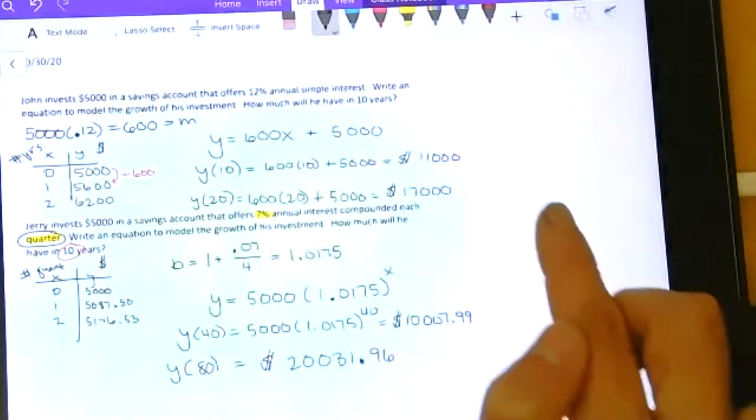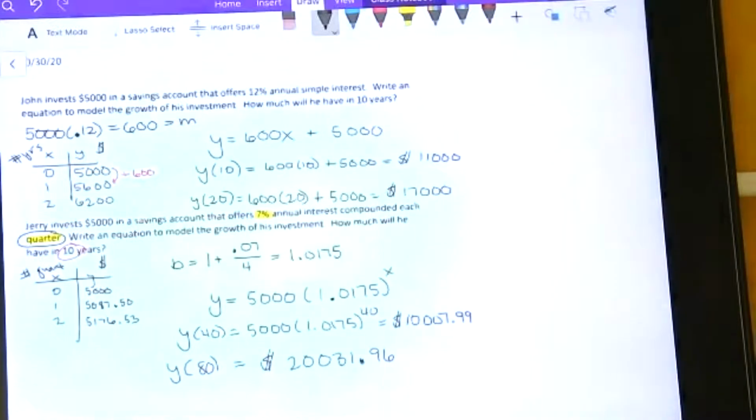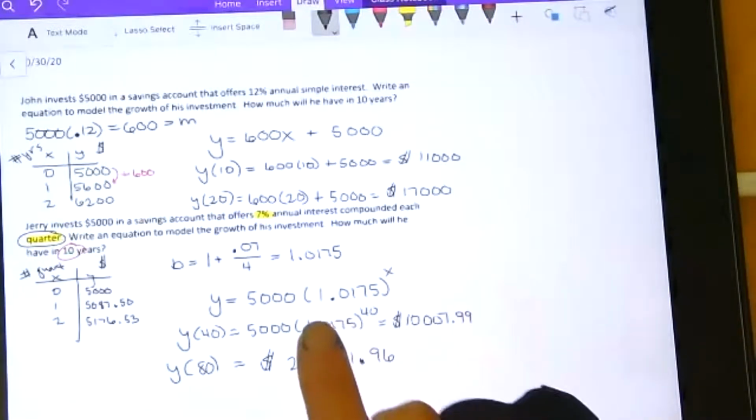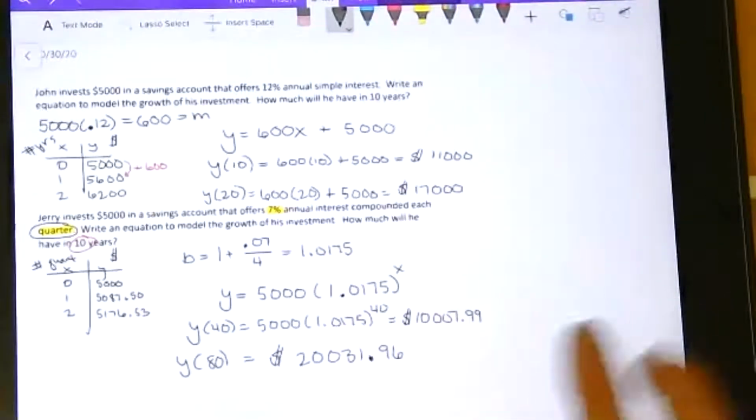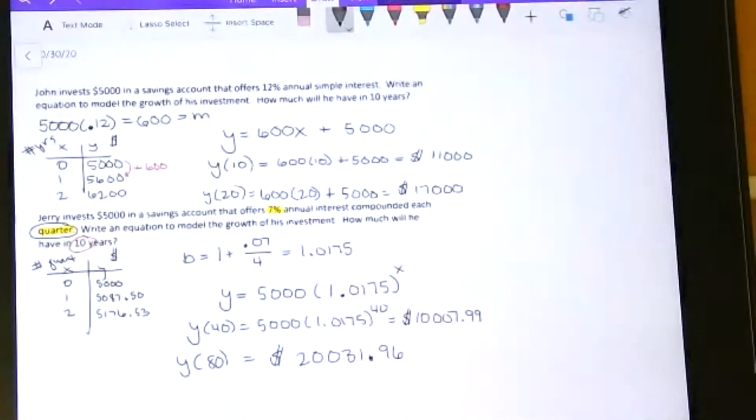But once you hit that threshold, and I think it comes out to about 13, 14 years where they actually end up meeting, this one does better. So it's all about how long you're going to keep your money in there. But in the long run, the compound interest, the exponential, is going to end up being better.